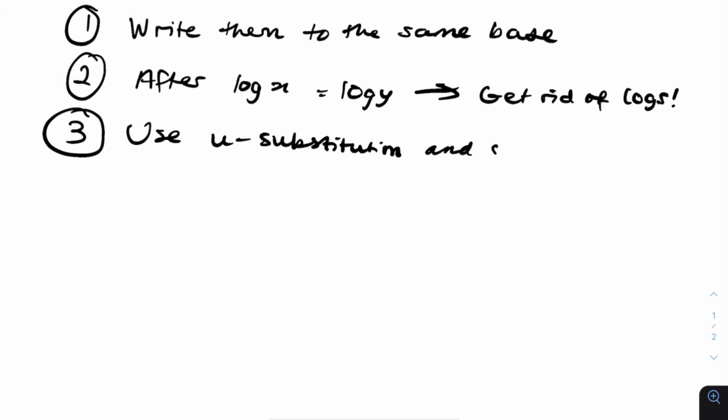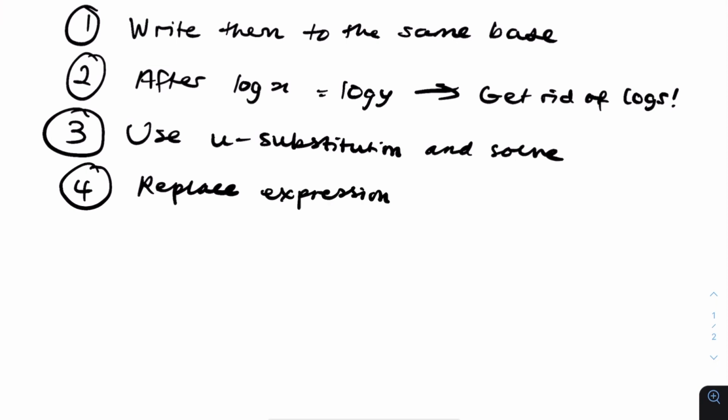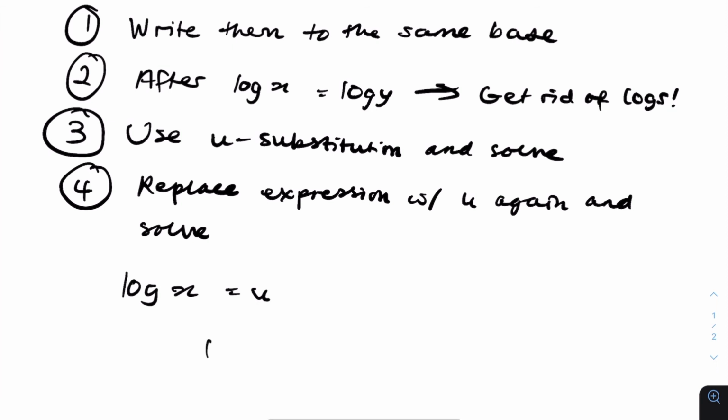And then finally, replace the expression with u again, and solve. So for example, if you substituted log x as u and log x equals 2, then you can be pretty sure that x is equal to 100 in this case. So solve in that way.